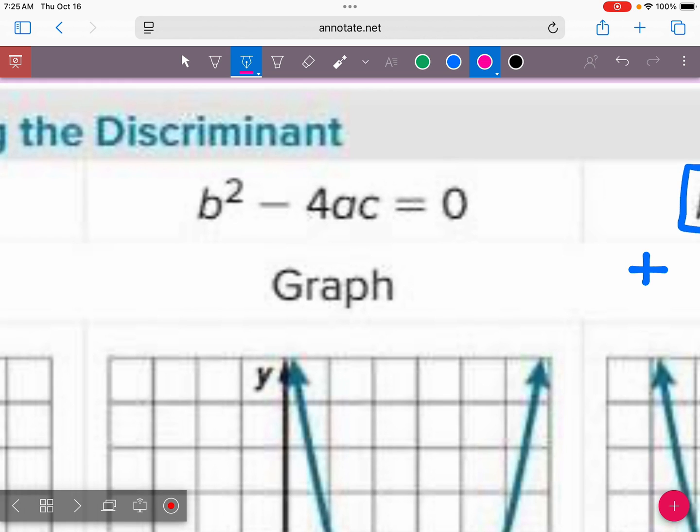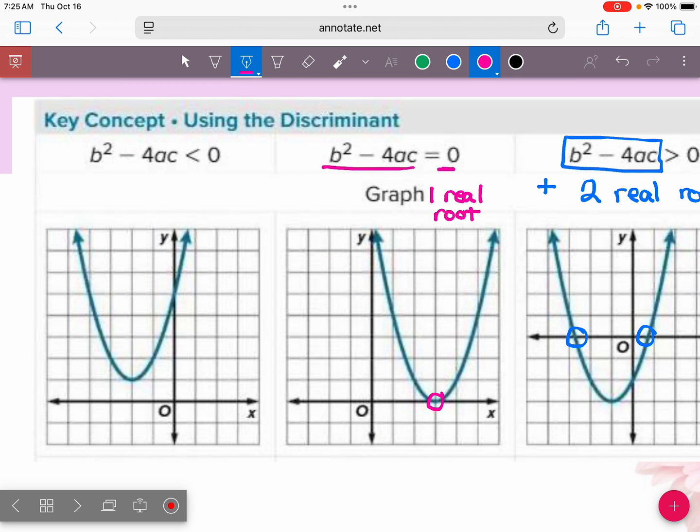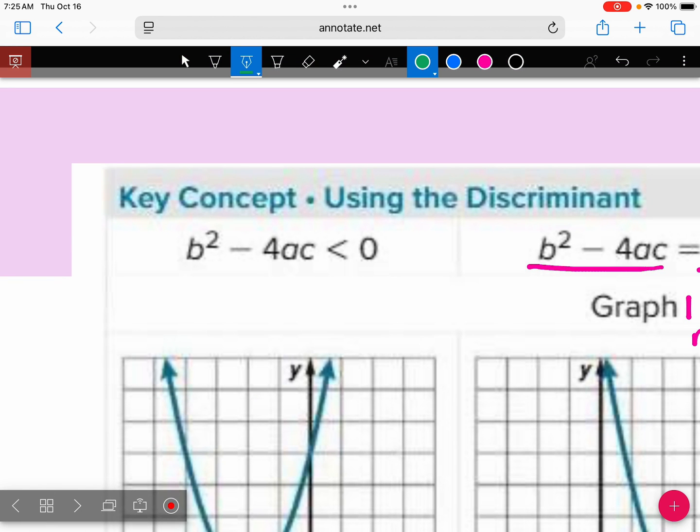So if our discriminant is exactly equal to 0, we have 1 real root. Because this is going to come down and it's going to bounce back off. One of the big benefits of the quadratic formula is actually in this first one here.